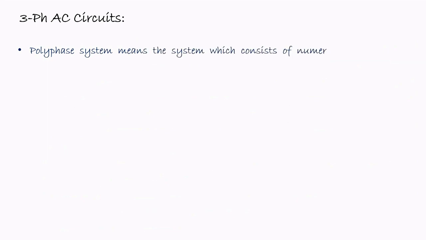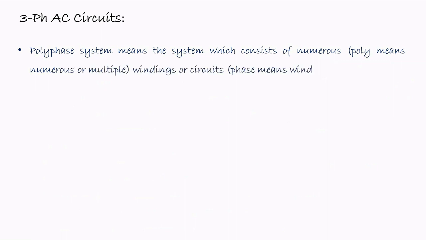A polyphase system means a system which consists of numerous windings or circuits. Poly means numerous or multiple, and phase means a winding or a circuit.